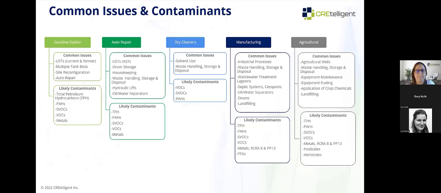Internally, we're starting to consider writing it up and recognizing sites that would potentially have these chemicals as recognized environmental conditions. Thanks, Lucy. Yeah, that's a great point.